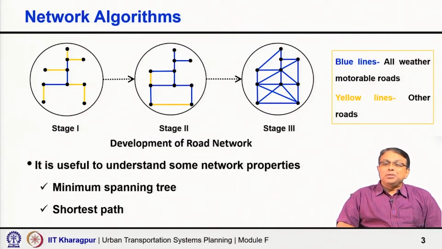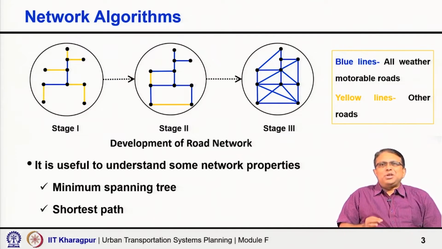Minimum in the sense that we do not want duplication, so nowhere will there be any loop. You cannot access one node using an alternative path, but at least you are able to ensure connectivity. So, from any point to any point you can travel, but there is no alternative path for traveling to any node. That is stage 2, the immediate target.